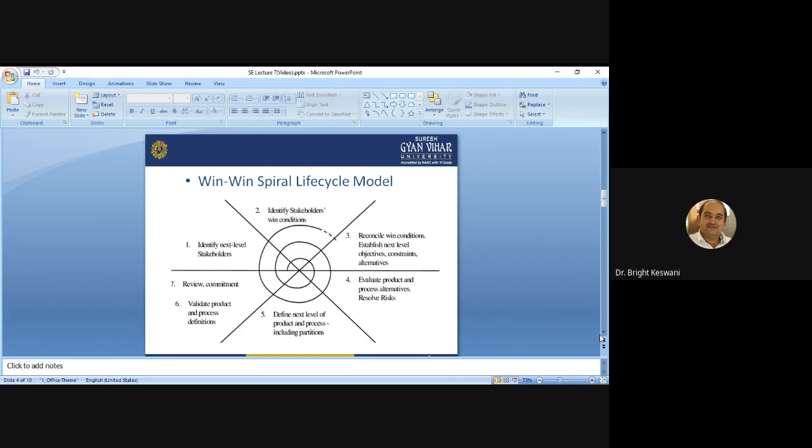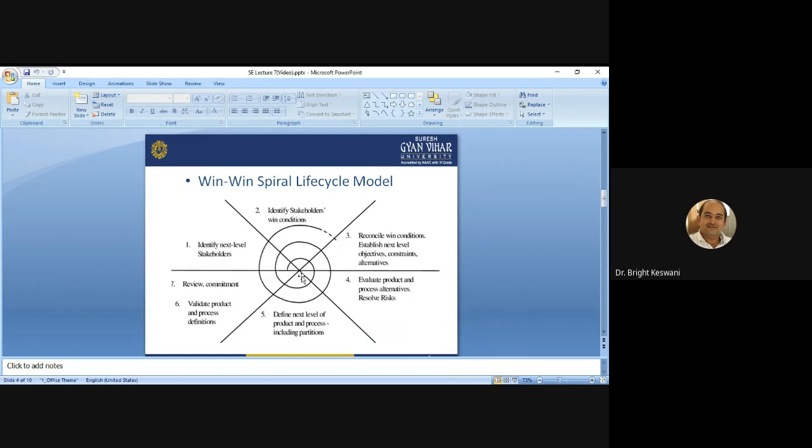So here you can see the win-win spiral model approach. The win-win spiral process explicitly emphasizes continuous collaboration and involvement of a software product's stakeholders in its early definition and development stages.